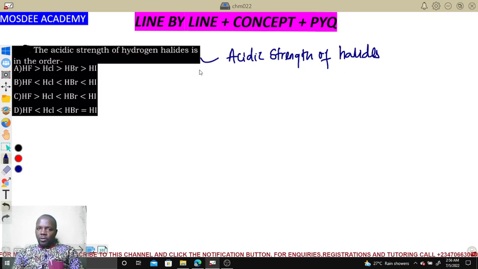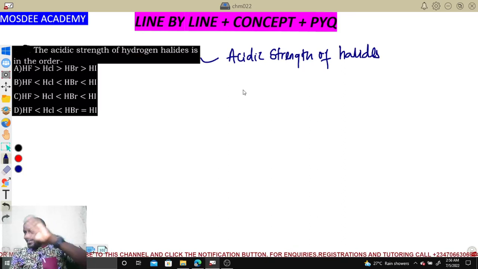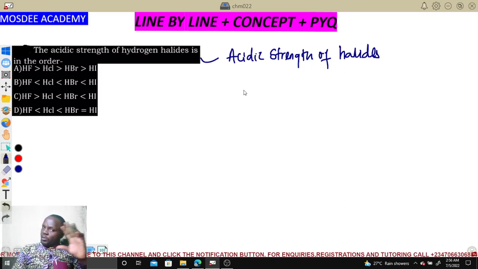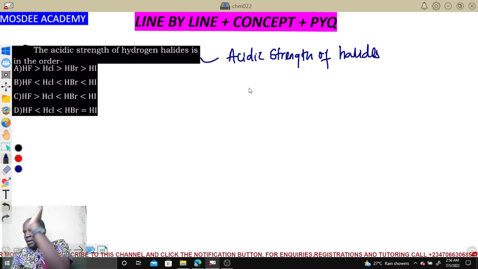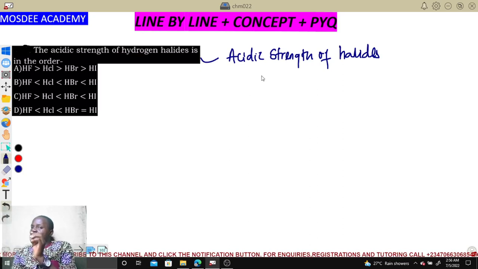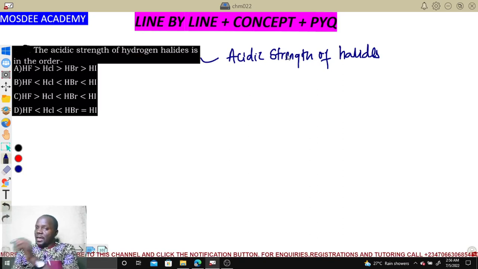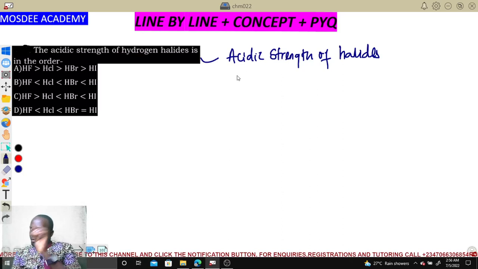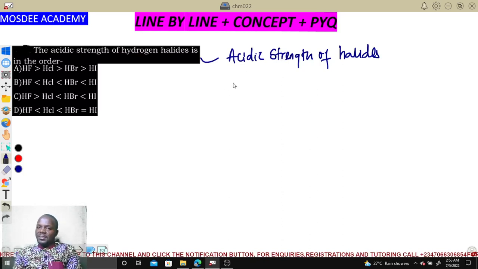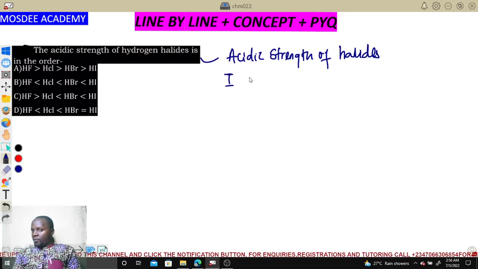Increases in the order of what? The way I always tell students, it negates what we have been talking about, where everything starts from fluorine. This time around, in terms of acidic strength, because of the pKa, what we notice is that hydrogen iodide has more acidic strength than hydrogen fluoride.